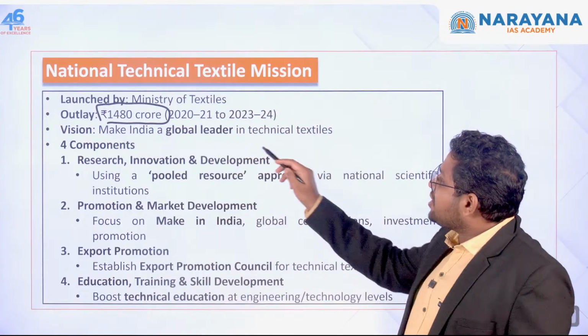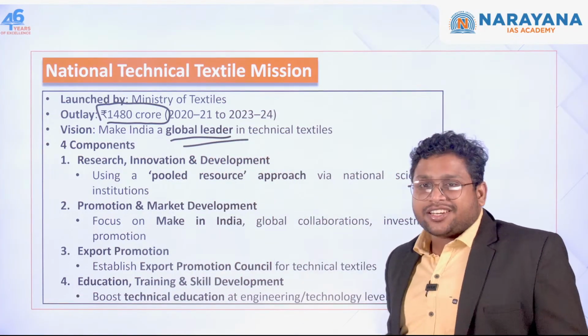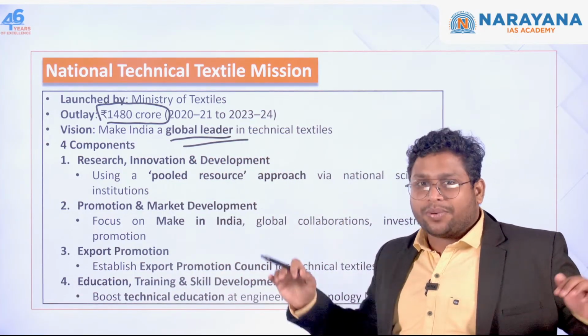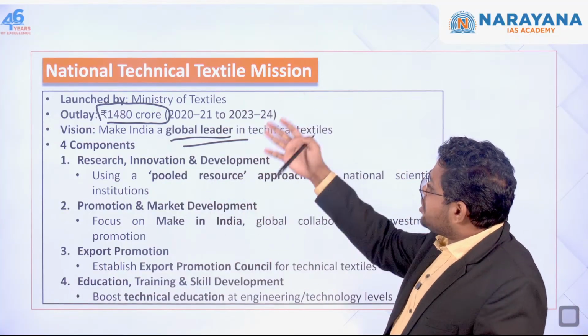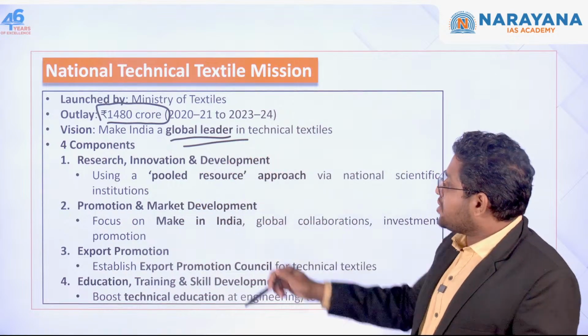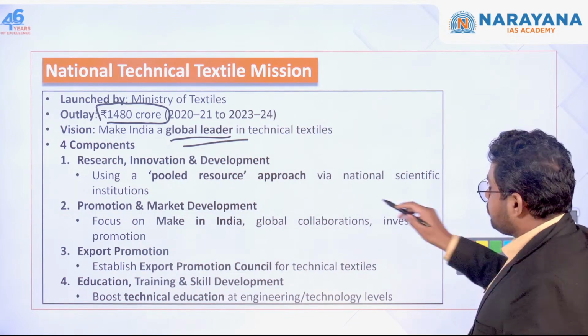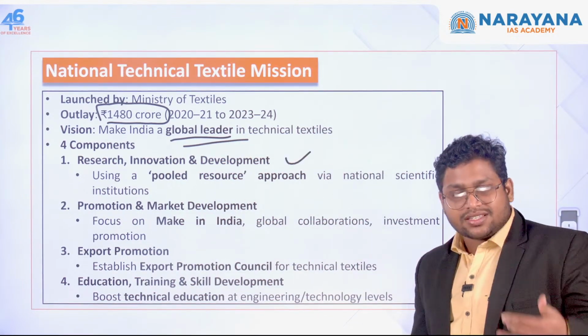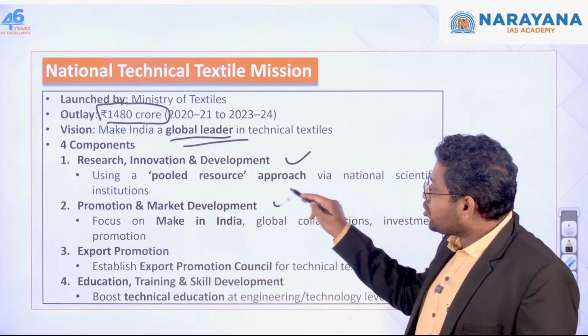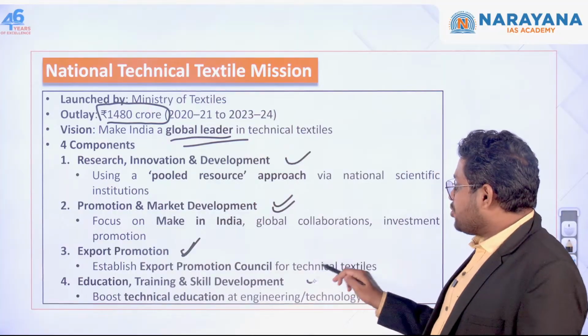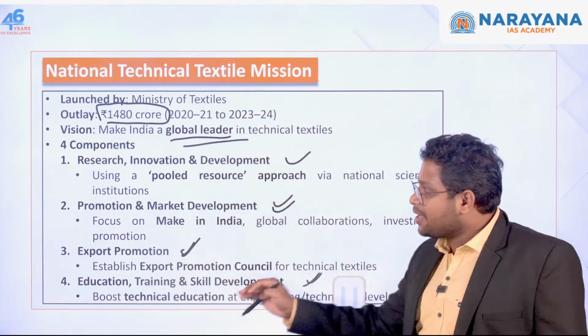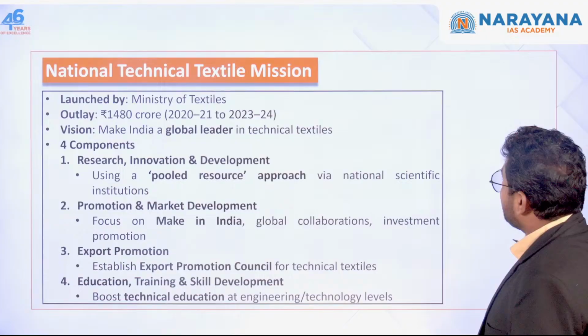The vision is to make India the global leader in technical textile. We want to top in the exports of technical textiles. And this mission involves four components. One is the research part, because making such things requires research and development. Then promotion and marketing, then export promotion, and education, training and skill development. These are the major four components of this mission.